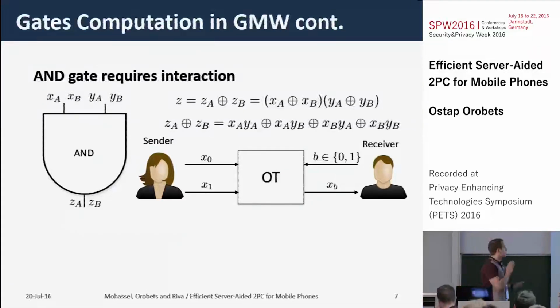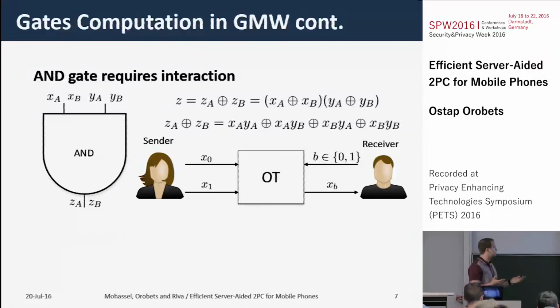It's a protocol. The general overview is that we have two parties, a sender and a receiver. The sender holds two bits x0, x1, and the receiver has his choice bit b. By the end of this protocol, the receiver gets the bit xb, but doesn't know anything about the other one, and the sender doesn't know which bit the receiver chose.